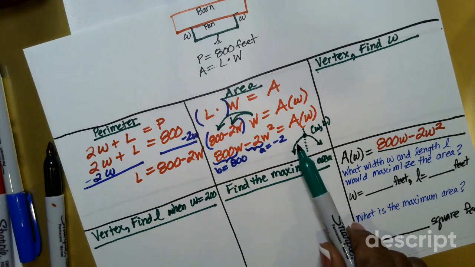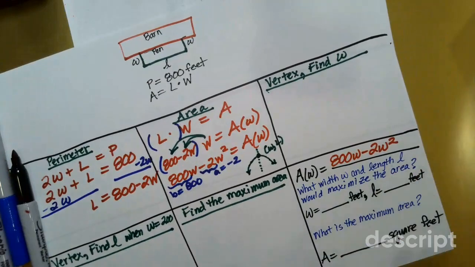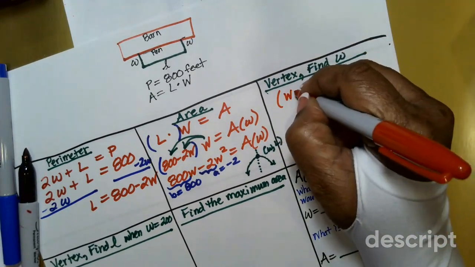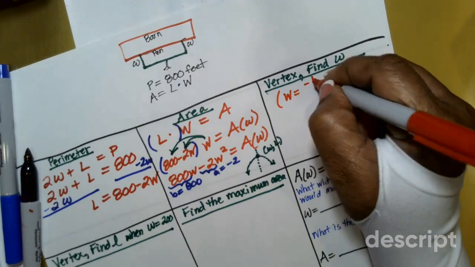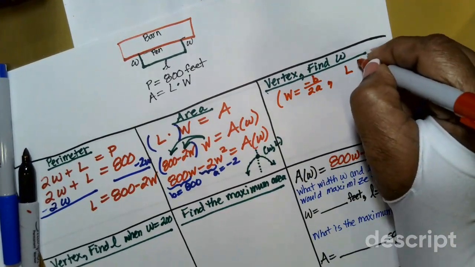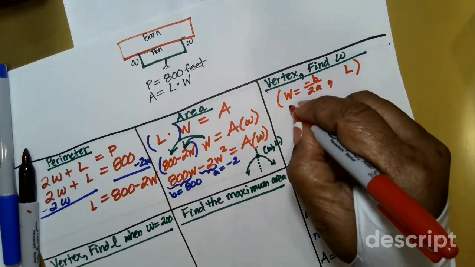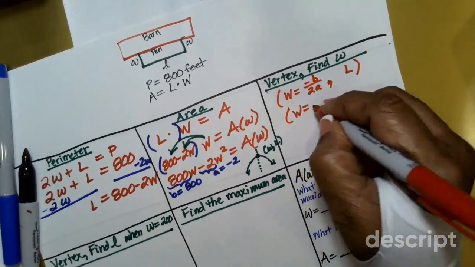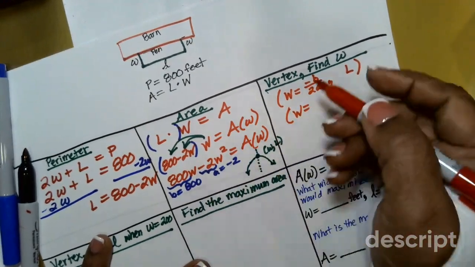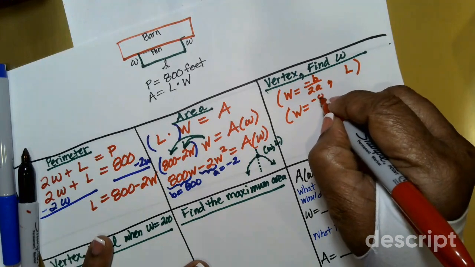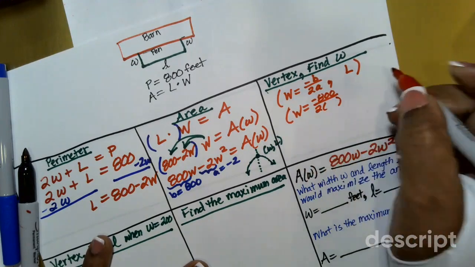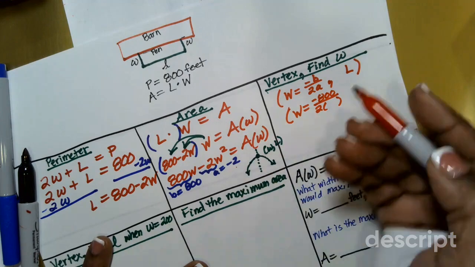So let's go ahead and find the vertex in our next section. So here is the formula for vertex. W equals negative B over 2A. And then we would have to find the L at some point. Negative B, opposite of B. If B is positive 800, then negative B would be negative 800. 2 times A, 2 times negative 2.